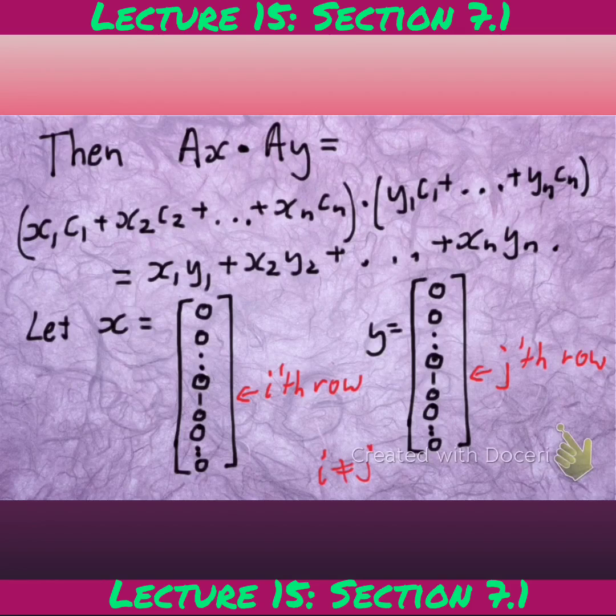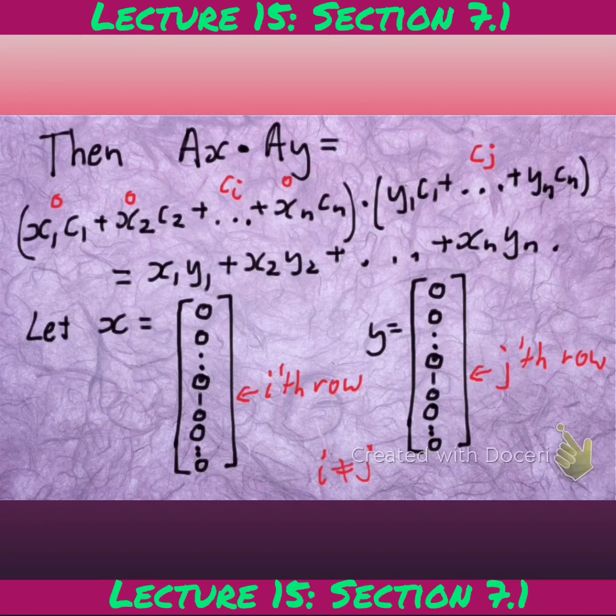So now we let x be the vector with zeros everywhere and 1 in the ith row, and let y be the vector with zeros everywhere and 1 in the jth row, and we assume that i is not equal to j. Plugging that back in, on the left we get ci somewhere and zeros everywhere else, and here we get cj.